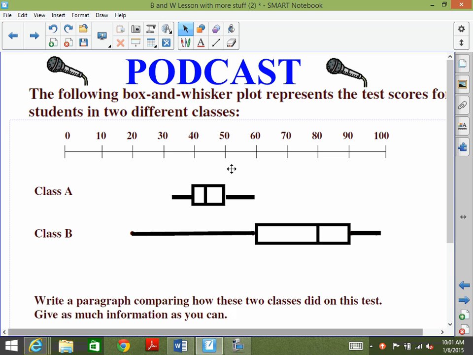Then another class, I took the same test scores from a different group of kids, put them in order from least to greatest, found my median, then I found my lower median, my upper median, my minimum, and my maximum to make the box and whisker for Class B. Okay? So, my question to you is, which class would you rather be in? Class A or Class B?